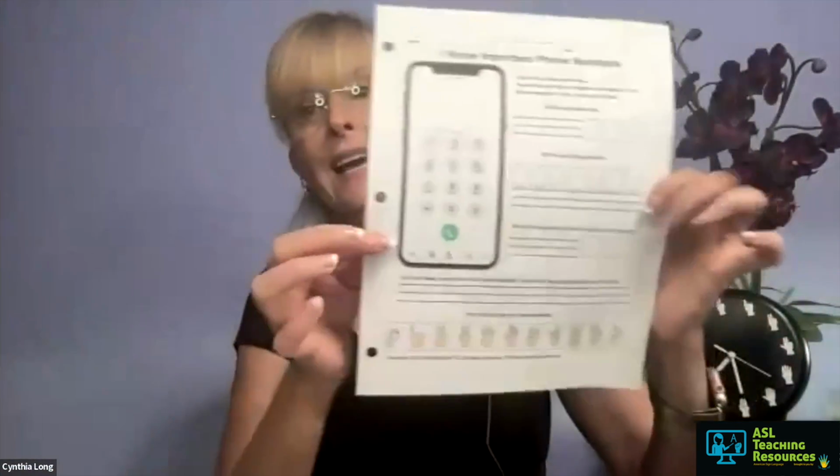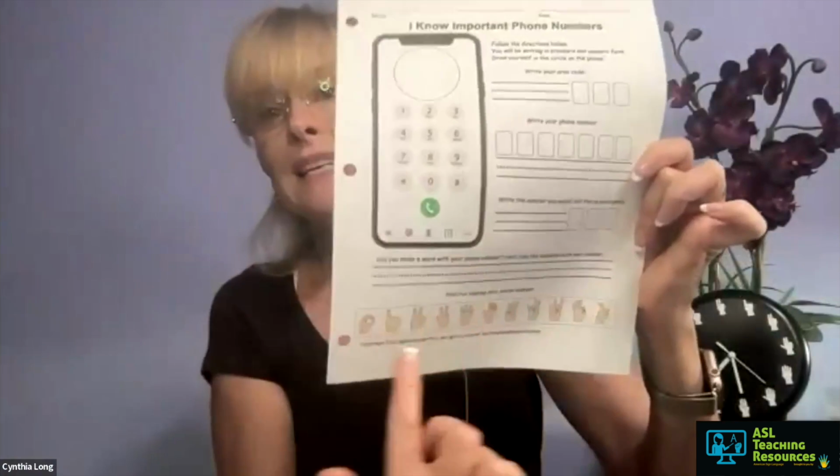That would be writing things in and learning their phone number in case of emergency. Now for special ed, it's a little harder, I know, but for my granddaughter, 6 years old, she knows her number, which is important in case anything happens. So these are good reinforcements for the kids.